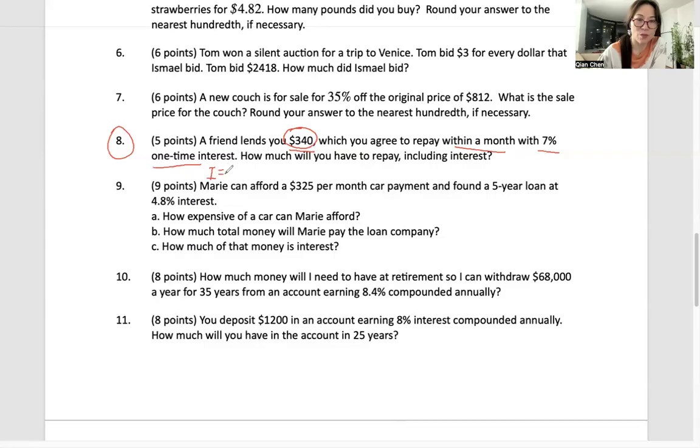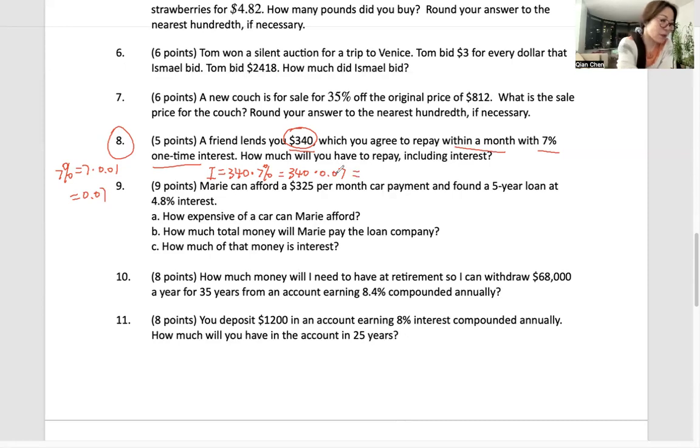Remember, interest equals 340 multiplied by 7%. That's 340 multiplied by 0.07, right? Because 7% is 7 multiplied by 0.01. That's why you get 0.07.